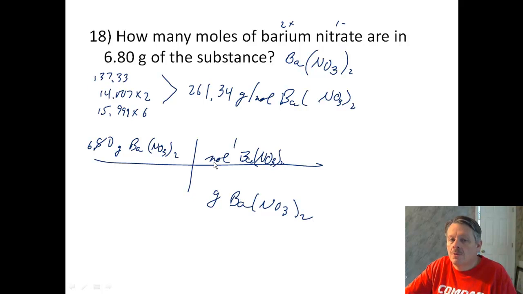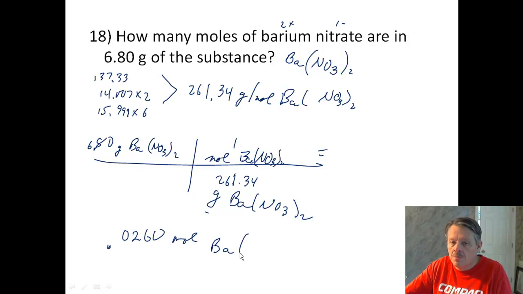And for every mole of barium nitrate, that weighs 261.34 grams. When I do the math, that comes out to be, place to write, thank you, 0.0260 moles of barium nitrate.